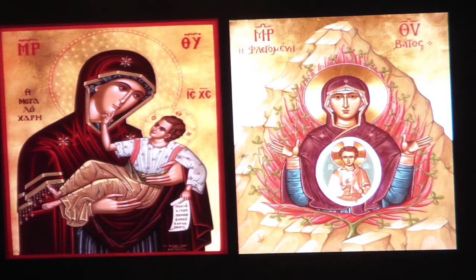The other very important feature of the icon of Saint Mary is the 3 stars you can see on her shoulders. There's one on the left, one on the right, and one on top of her head, right? This signifies the virginity of Saint Mary, that she was a virgin before, during, and after Christ. And again, I think it was Benny who asked, why aren't the other 3 pictures icons?